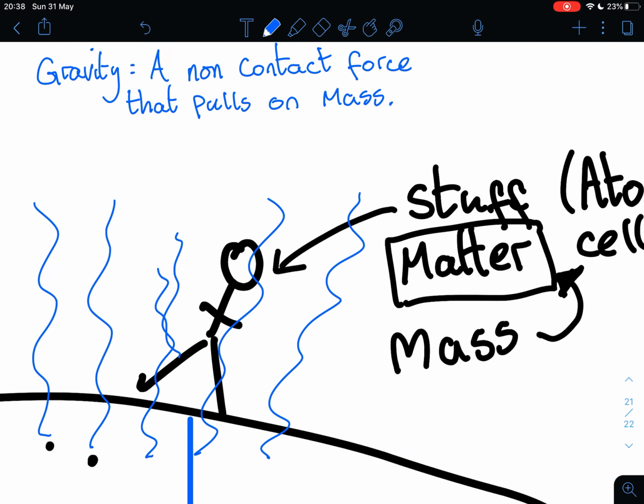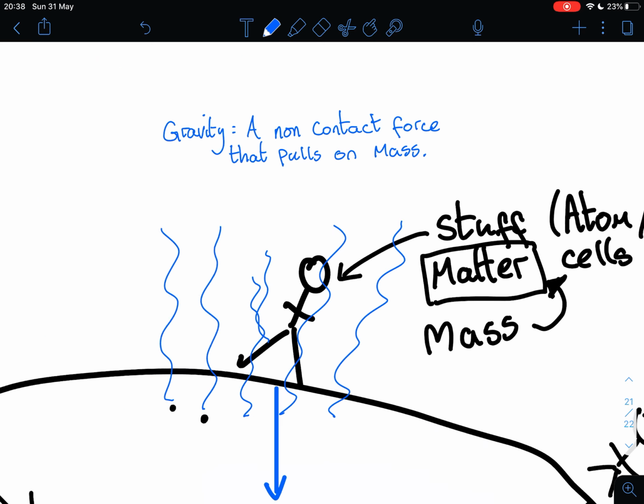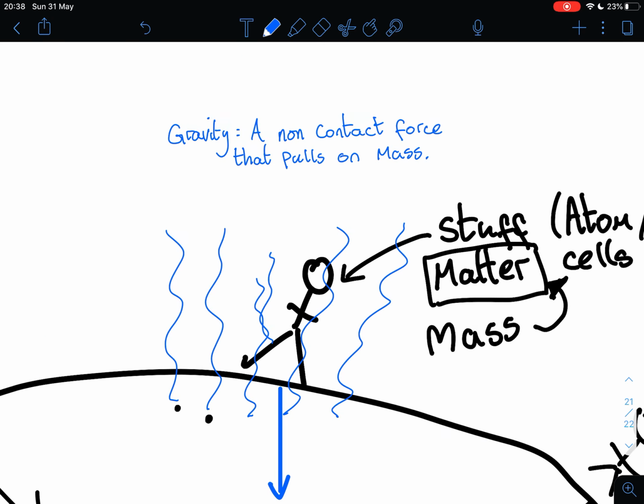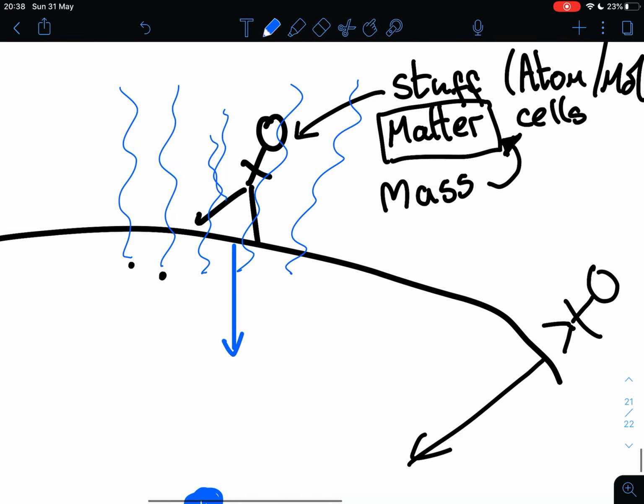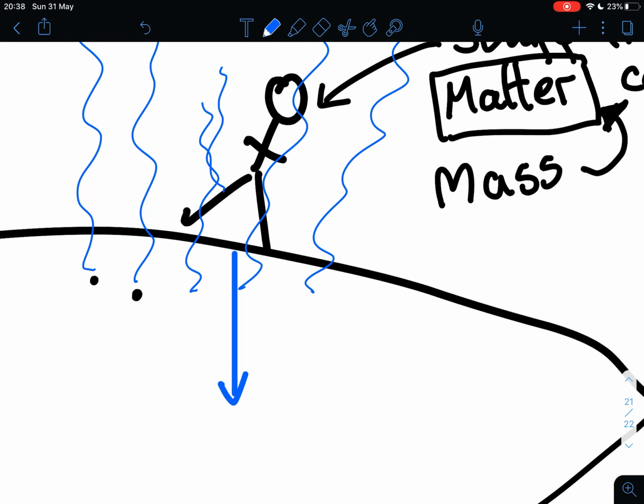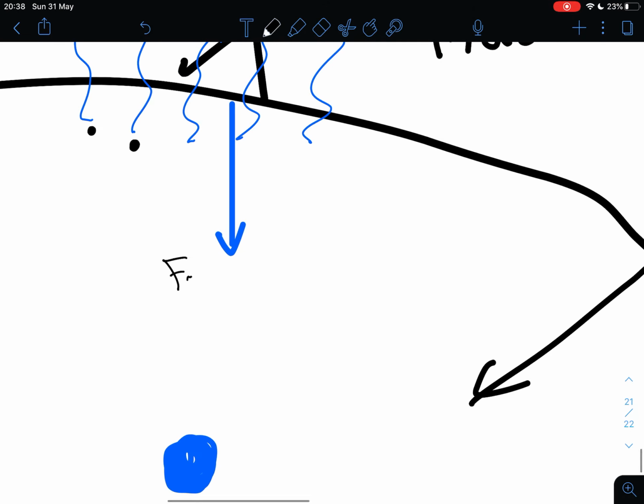So, matter is mass, stuff. Gravity, a non-contact force. Last piece of the puzzle. The gravity reaches up, grabs every atom of you, pulls it towards it, and it creates a force downwards against the ground where your feet are hitting, and we call that force weight.